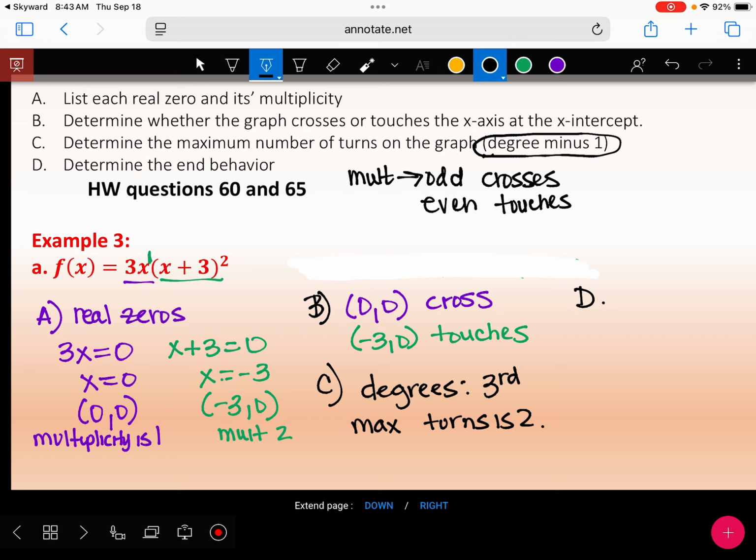And then lastly, we're going to do our end behavior. So I have the limit as x approaches negative infinity of f of x. And then I also have the limit as x approaches positive infinity of f of x.